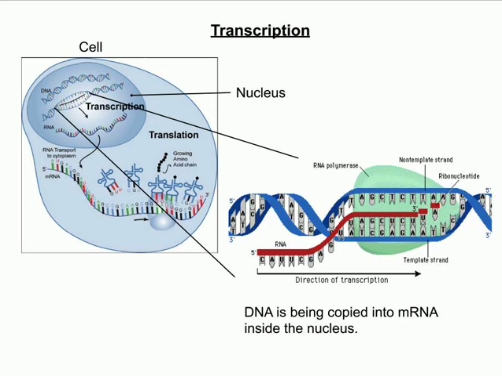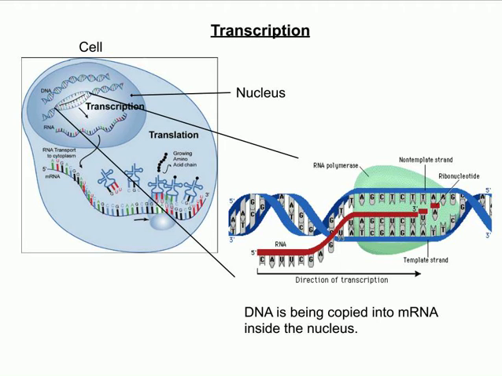So transcription is basically where the DNA is copied into an mRNA molecule. So again, the DNA cannot leave the nucleus. So in order to get the information in the DNA to the ribosomes, which are outside of the nucleus, a copy of the DNA needs to be made. And the cell does this using mRNA.